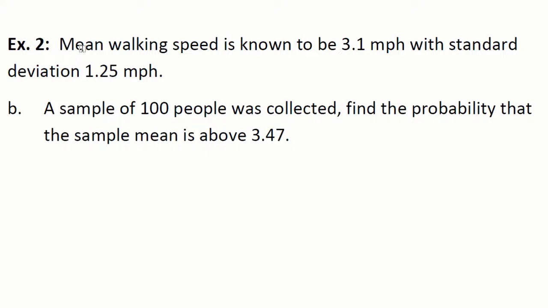Just briefly, we can see that the mean walking speed is known to be 3.1 miles per hour with standard deviation 1.25 miles per hour. This beginning description, in other words, gives a description of the beginning population, the population of individual walking speeds where we would collect any of our sample from.